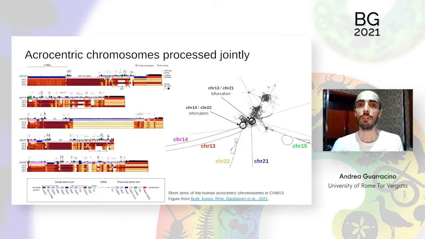The image on the left shows the p-arms of these chromosomes. For each chromosome, the percent identity heat map versus the other four p-arms is reported below the annotations. The red heat maps indicated by the colored arrows show the high similarity regions that lead to the bifurcation in the pangenome graph.